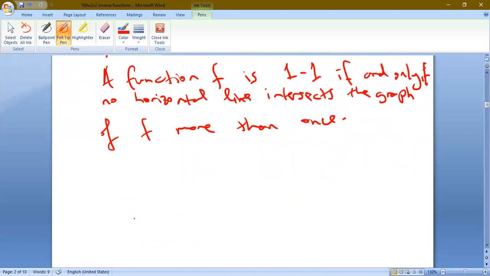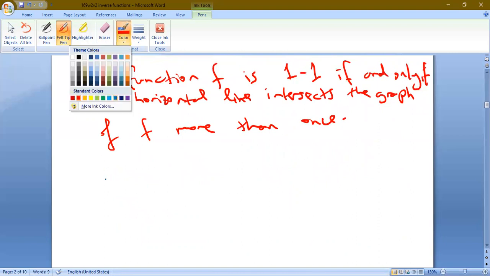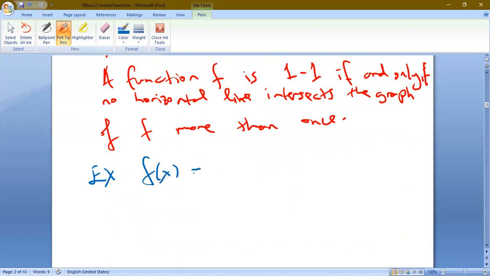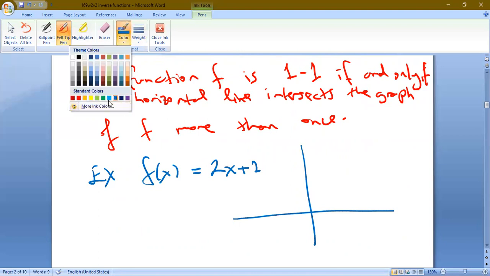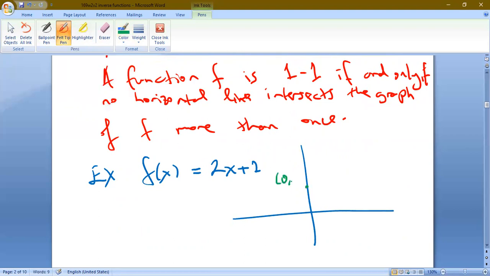For instance, let's think of some examples. Let's say f of x equals 2x plus 1. This is a linear function. If we sketch the graph of this function, if x is 0, f will be 1. So for 0, we will have 1. For x equals 1, we will have 2 times 1 plus 1, which is 3.